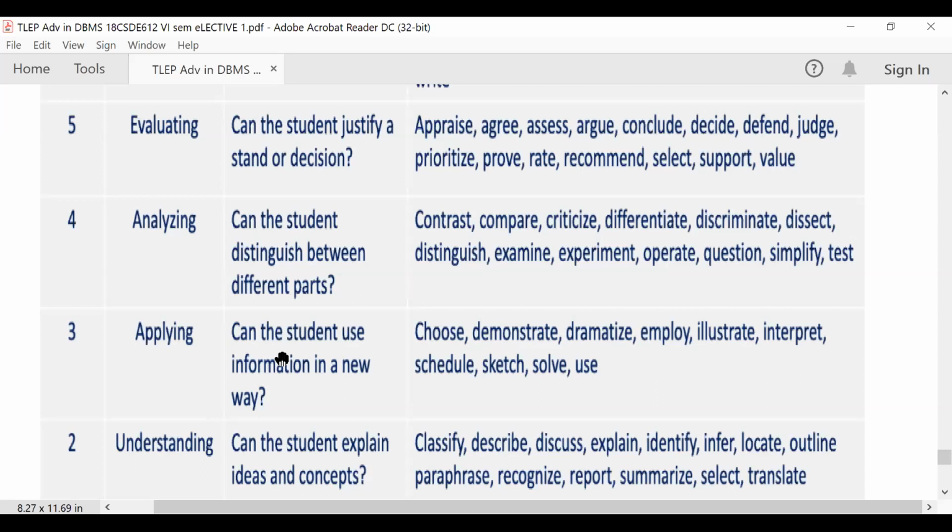So you are studying something theoretically, then you have to apply the concept practically. That is called the applying level. While asking the questions, we will ask questions like demonstrate the idea behind NoSQL concepts, or how Neo4j can be applied on a graphical database management system. Like that, we'll raise some questions.